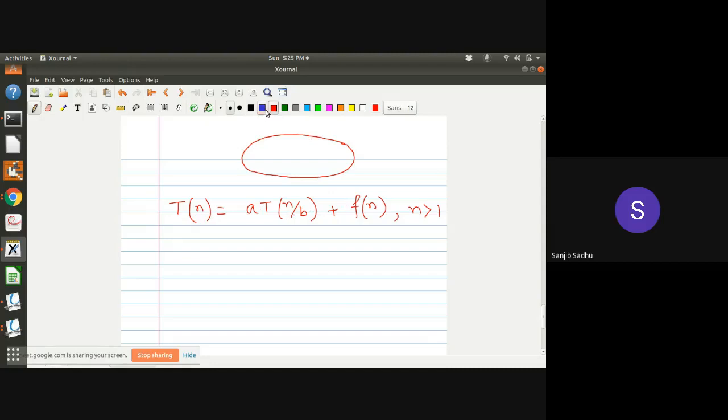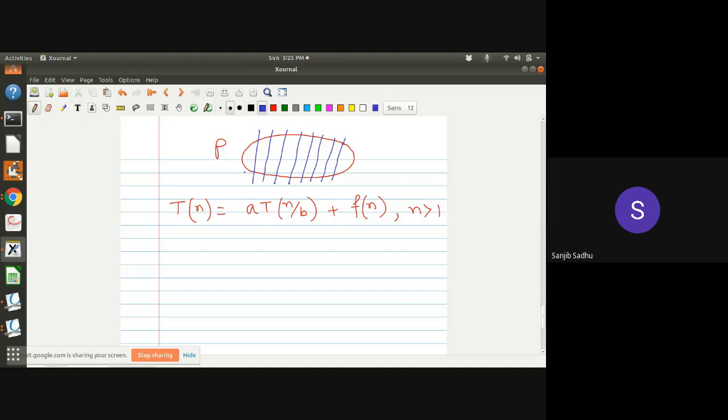So this is the main problem P. What we are doing is dividing it into some subproblems. Subproblems are of the same type as the main problem, but the sizes are smaller.